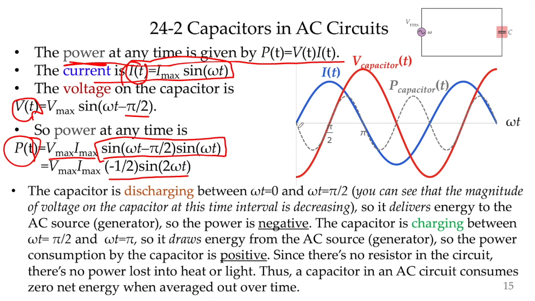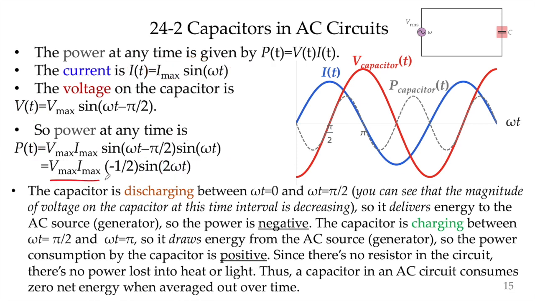But the power is oscillating twice as fast as the other ones. You can see that the total frequency now is 2 omega, twice as large as omega. Okay, this is the formula for power.